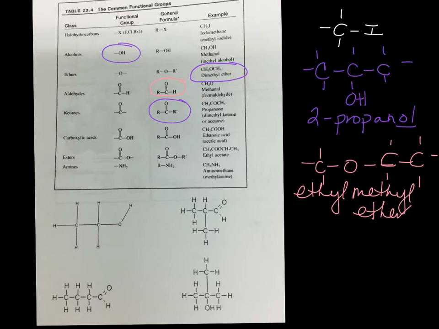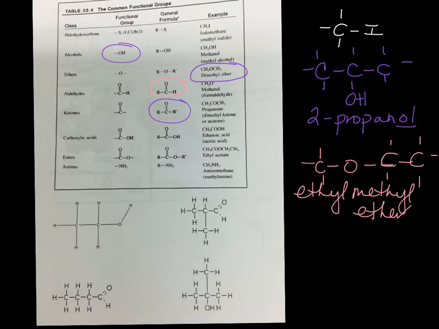If it's a ketone, and it's a ketone other than propanone, because prop is 3 carbons, so you need a minimum of 3 carbons to at least make a ketone, because you have to have an interior carbon. You don't have to tell me the number. You can just say propanone, because you know that the double bonded oxygen would have to be on the interior carbon.